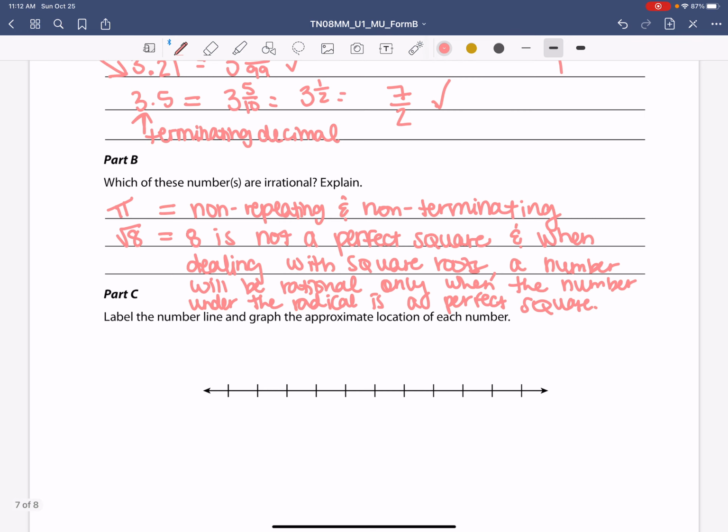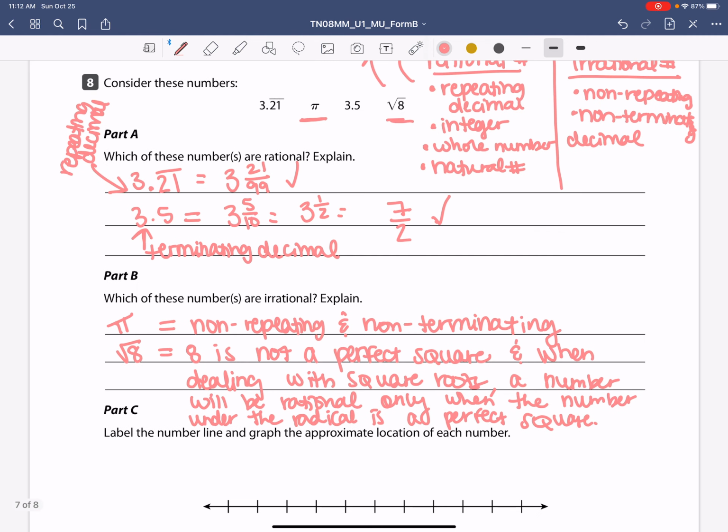Part C says label the number line and graph the approximate location of each number. We know that pi is about 3.14, so we'll approximate that number. The square root of 8 is super close to the square root of 9, which is 3, so it's a little bit below it, about 2.8.